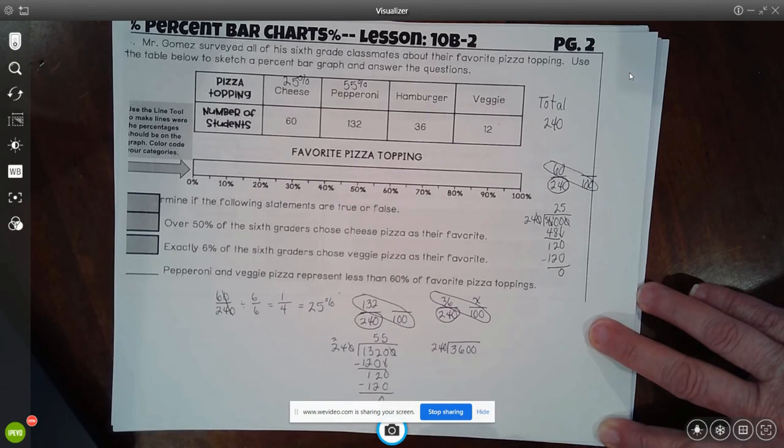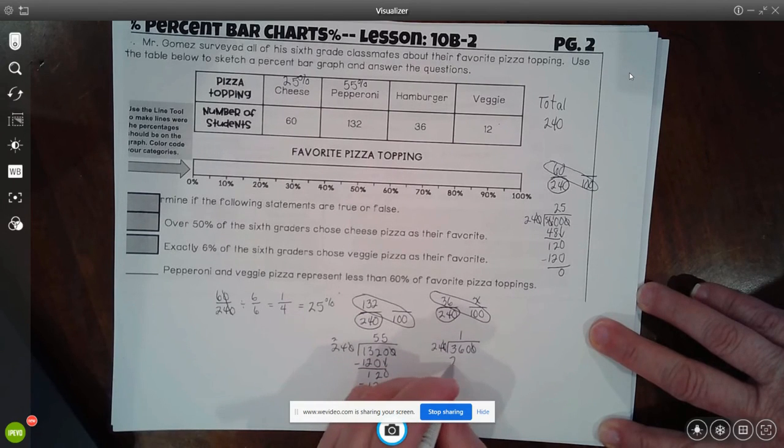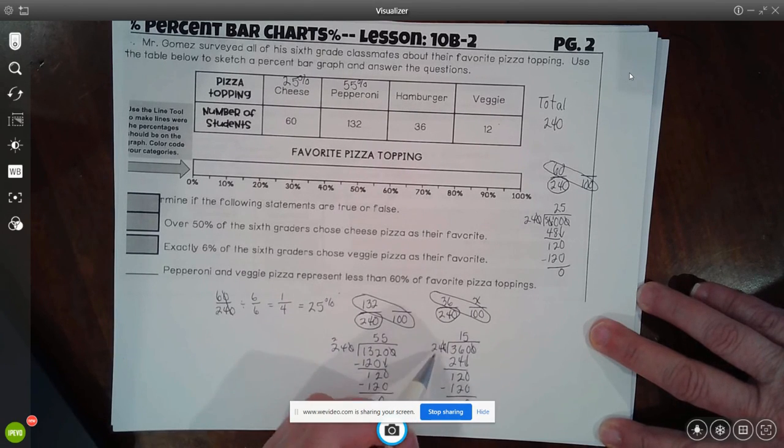My bad. I'm going to drop the 0. It's 24 into 360. That goes once. Bring down that 0. I recognize that from here. That goes 5 times, which is 120. So hamburger would be 15%.